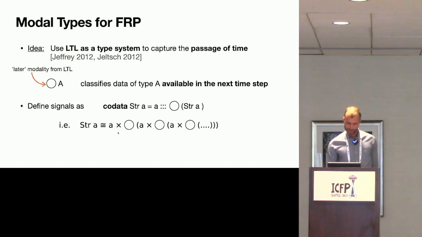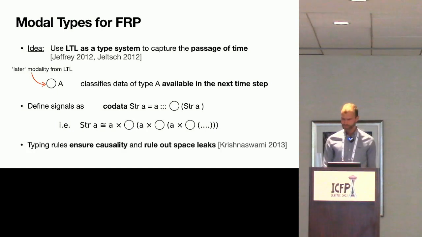We have a value of type A in the beginning, and then time passes, it's the later, then we get a new value of type A, and so on and so on. This is how these streams work. And then we have accordingly typing rules that will ensure that our programs are causal and they don't have space leaks.